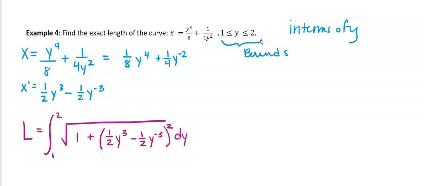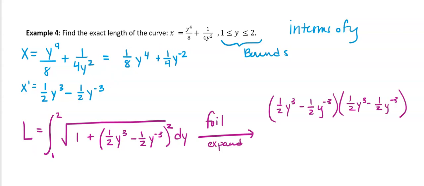And this squared here is kind of pushing me to try to expand or FOIL out this exponent of a 2 to see what all these pieces would end up being. So let's look at what that would be. So we are going to expand this out. So we're going to essentially FOIL. So take our first terms and multiply them. That would give me 1/4 y to the 6th.